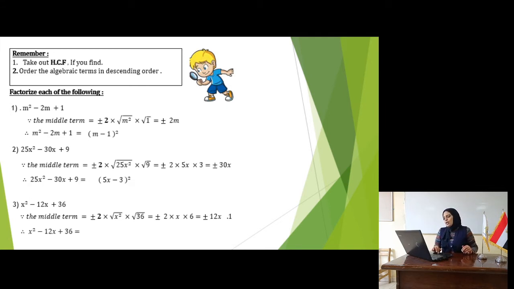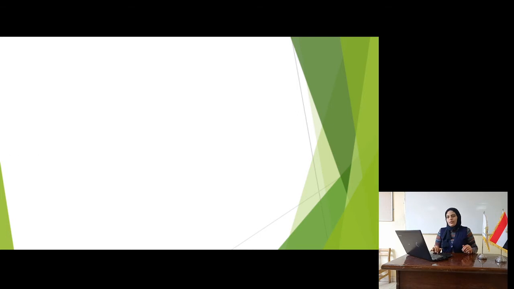Let's move to slide number 4. We have here 36 minus 60k plus 25k power 2. We will arrange the expression at the beginning. It will be 25k power 2 minus 60k plus 36.